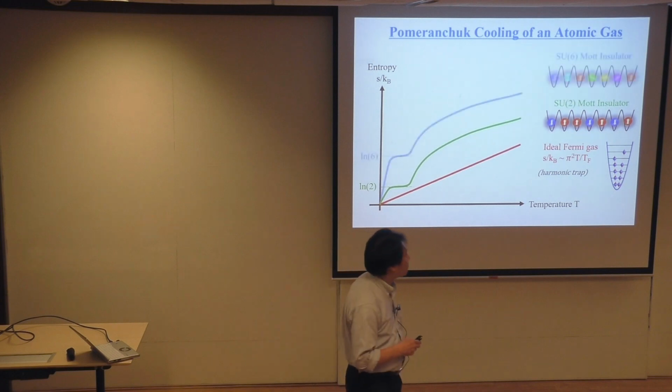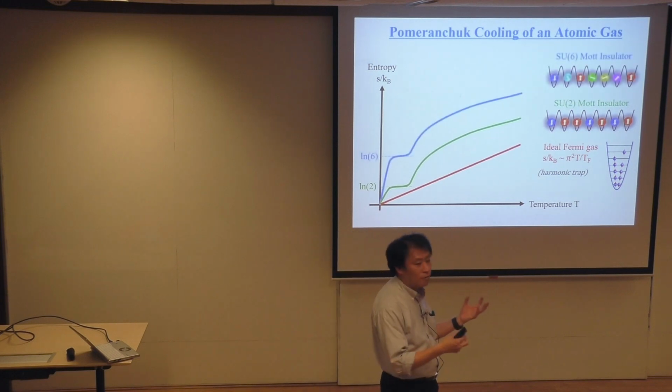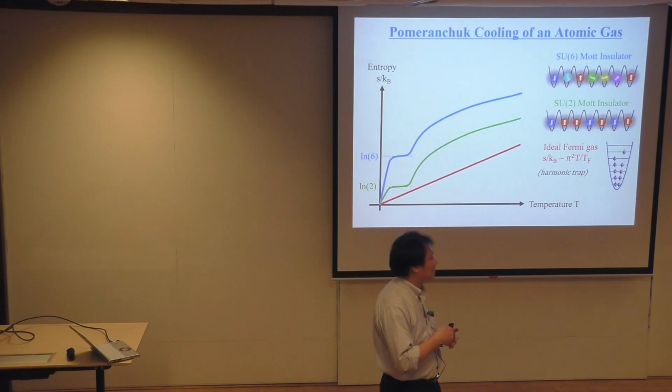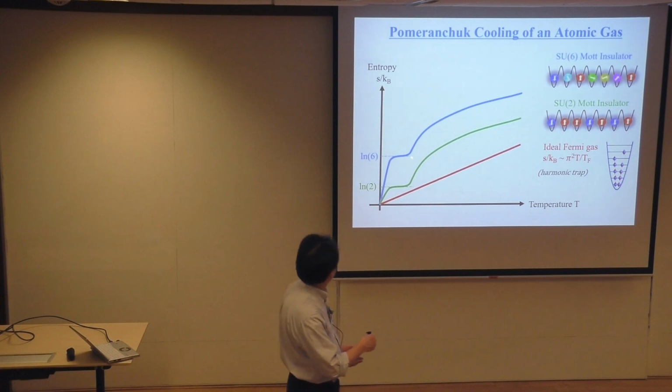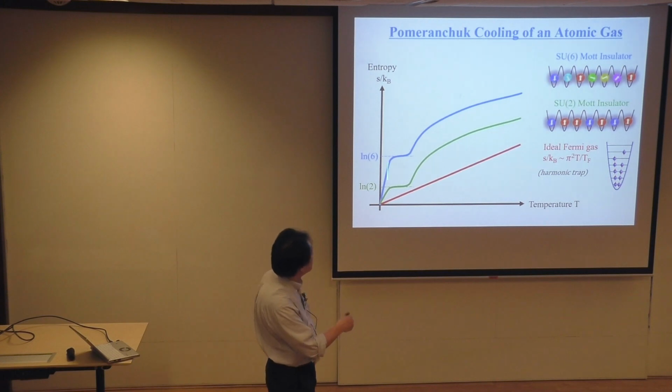And in the case of SU(6), each atom localized in the optical lattice can take any of 6 values, so it can carry a large entropy of log 6. So the entropy versus temperature diagram becomes like this.